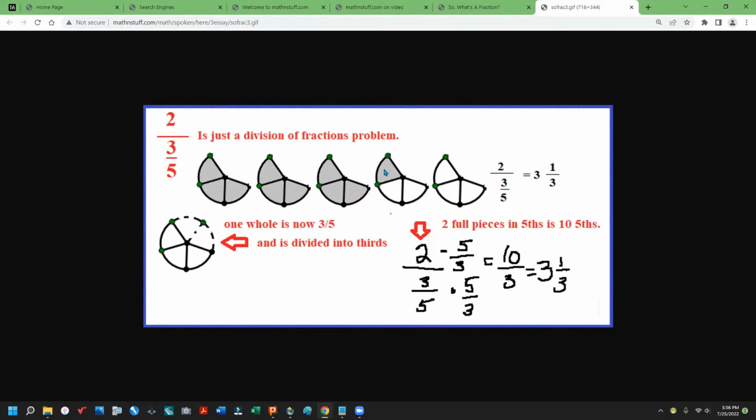10/5 are now shaded. Notice I have one whole circle or one whole piece, one whole piece, one whole piece, and one partial piece. I have 3 wholes and 1/3.